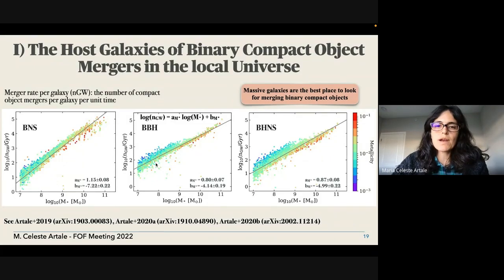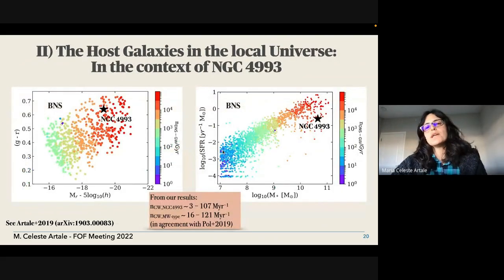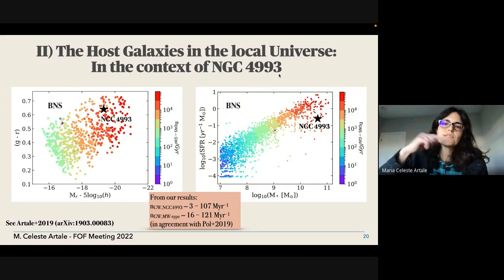than metal rich galaxies. We also map this in the context of, as you remember, NGC 4993, the first host galaxy detected. I will focus only on the right panel. Here, this is the star formation rate of the galaxies as a function of the stellar mass. The color code represents the merger rate per galaxy.